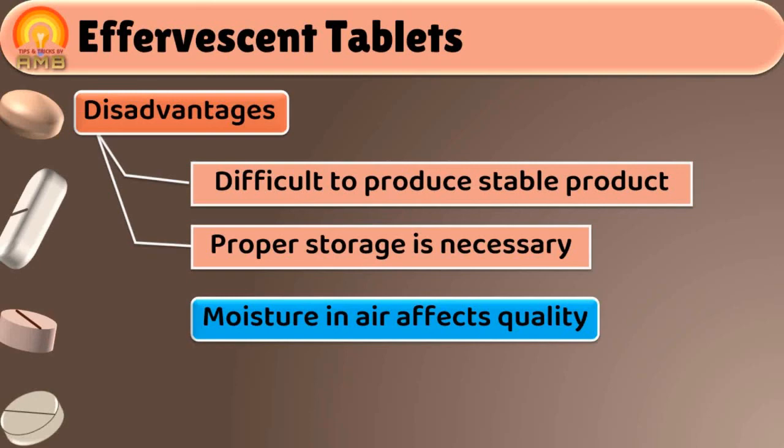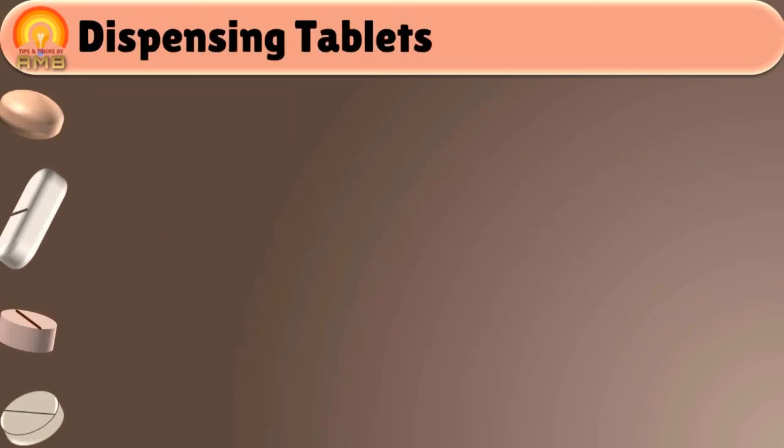The next type of tablet is the dispensing tablet. As the name indicates, these tablets are used for dispensing a solution of the drug to the patient by the pharmacist. These are added to a specific volume of water by the pharmacist to produce a solution of desired concentration of the drug.